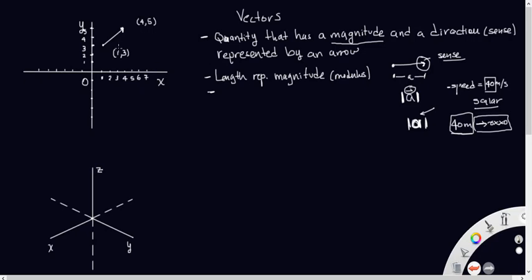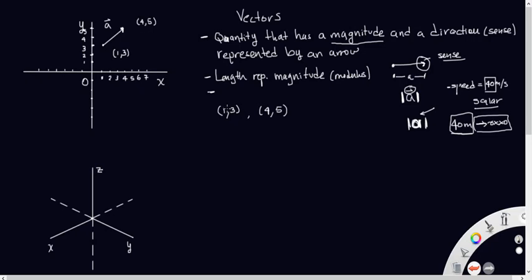Let's imagine that we have a vector. This is vector A. And the coordinates for the starting and ending point for this vector A are (1, 3) and (4, 5). Please note that I'm writing these values in parentheses because this notation represents a single point in the Cartesian plane.